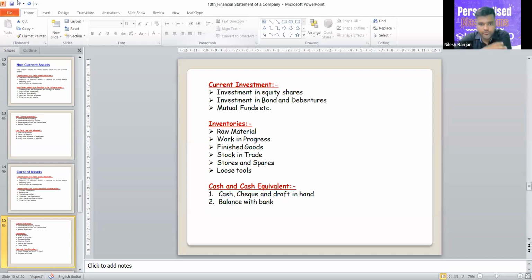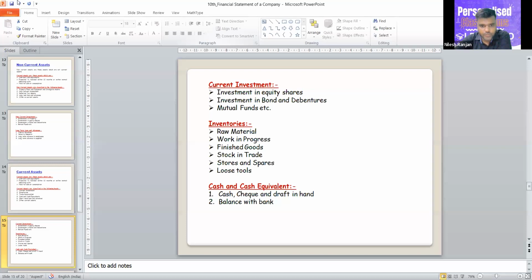There is no change we make in those goods. Yes, sir. So these are called stock in trade. The next one is stores and spares. There are some small items used for our consumption in the normal course of business, like screws and grease. These types of items are included in stores and spares and loose tools.